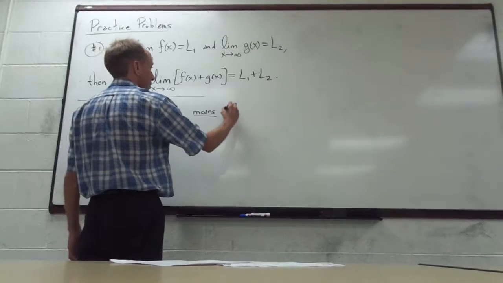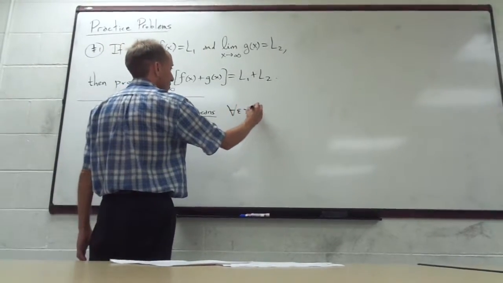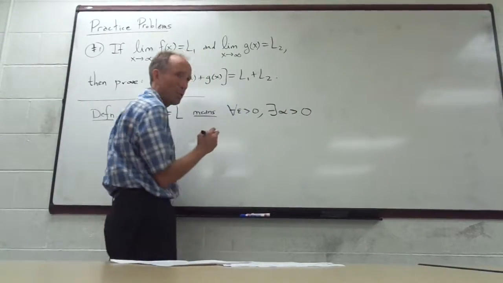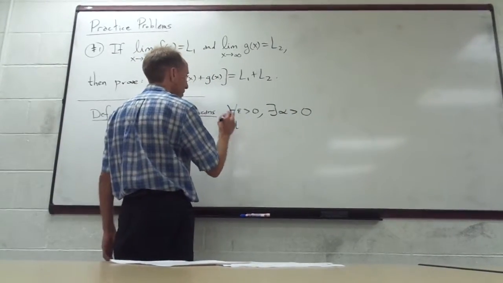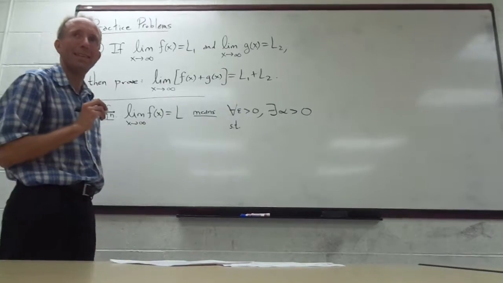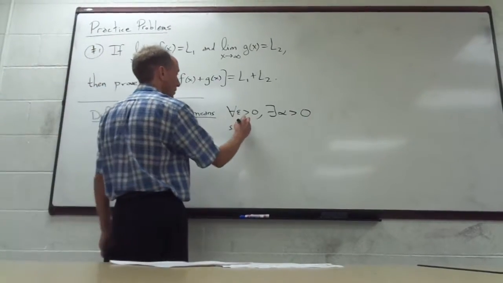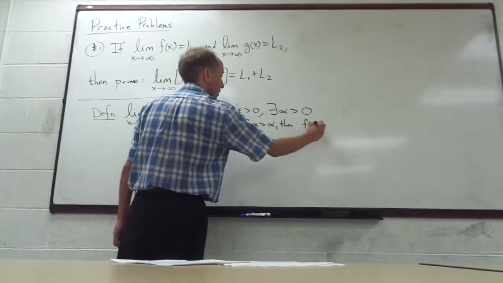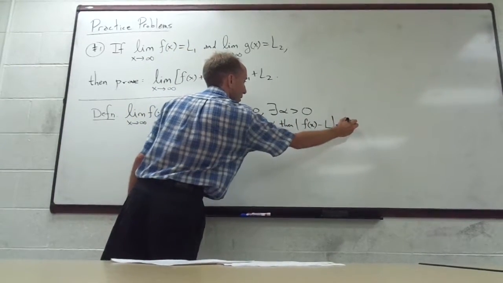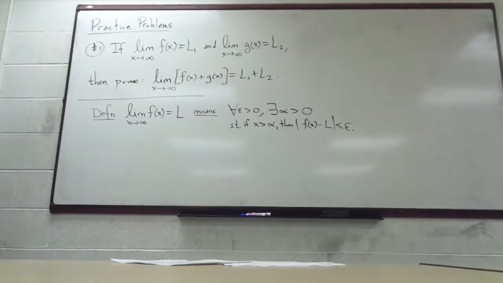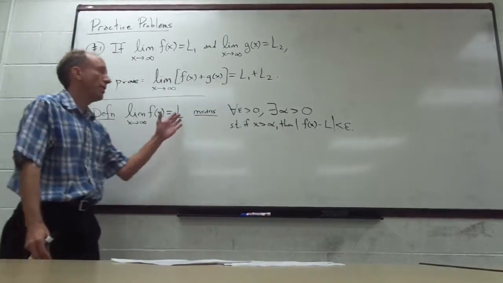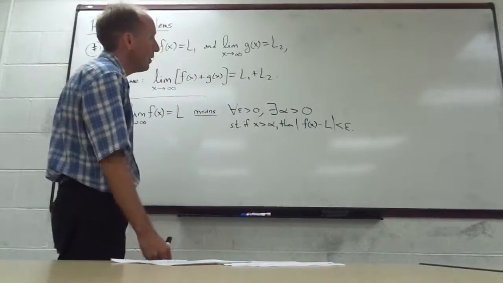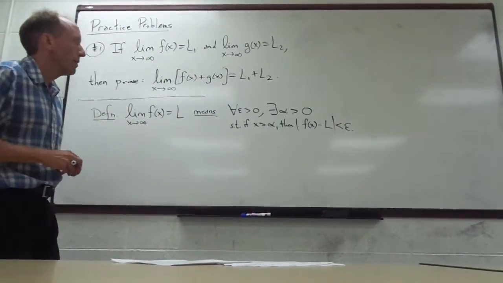For all epsilon greater than 0, there exists an alpha greater than 0 such that if x is greater than alpha, then the absolute value of f of x minus L is less than epsilon. There we go. Okay, perfect. So that's the first part of it. And this is going to be easy free points to get if you just write down the definition first. Okay? So that's the definition.